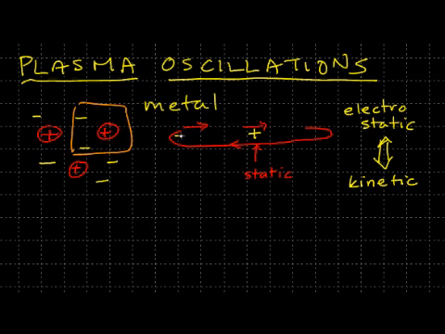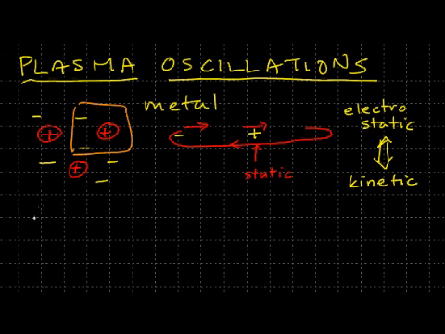So you start out with electrostatic potential, you then transfer into kinetic, then back to electrostatic, and then back to kinetic, and then you complete the cycle back in electrostatic. So you go through two exchanges of energy in a single period. So that's the basic physical picture of charge separation followed by oscillation, and of course that oscillation isn't going to last forever. There will be a little bit of decay or loss, and so there will be a little bit of slowing down that will damp out eventually.